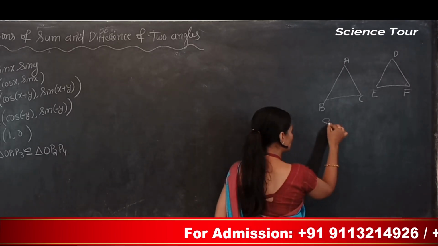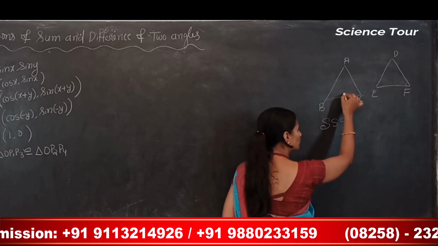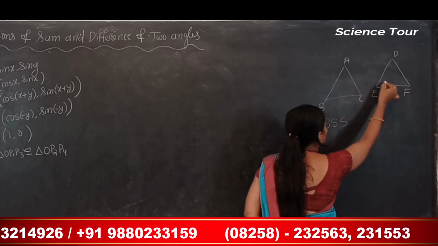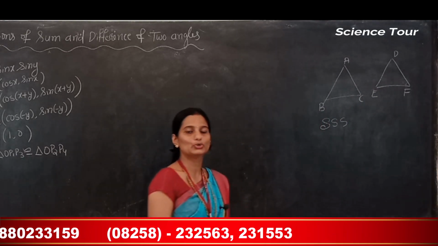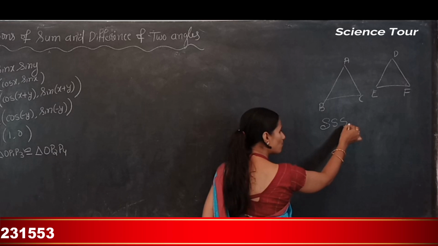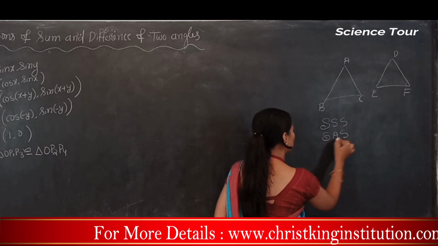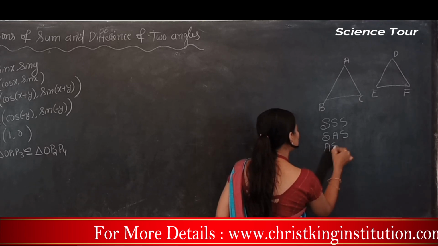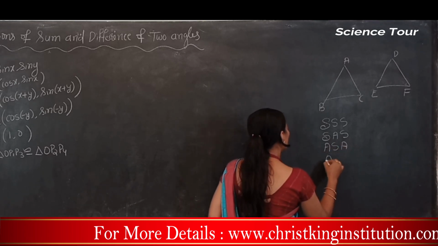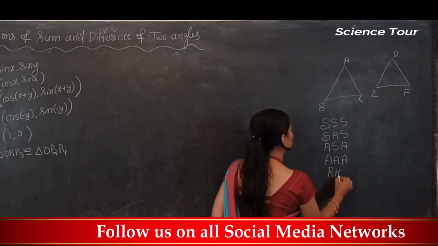So which one is it? SSS means all 3 sides of the first triangle are equal to the corresponding sides of the second triangle. That is called the SSS postulate. Next one is the SAS postulate. Next ASA postulate, and one more is the AAS postulate and the RHS postulate. Correct?